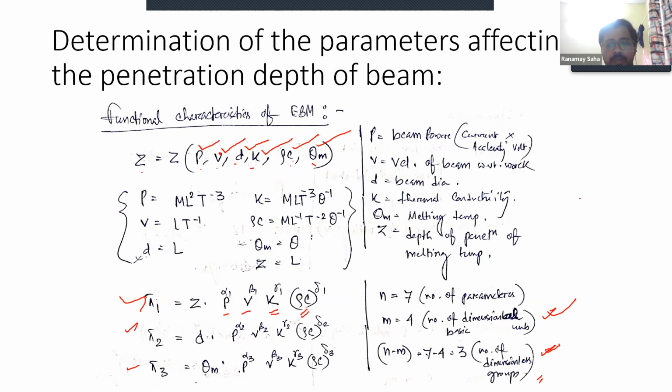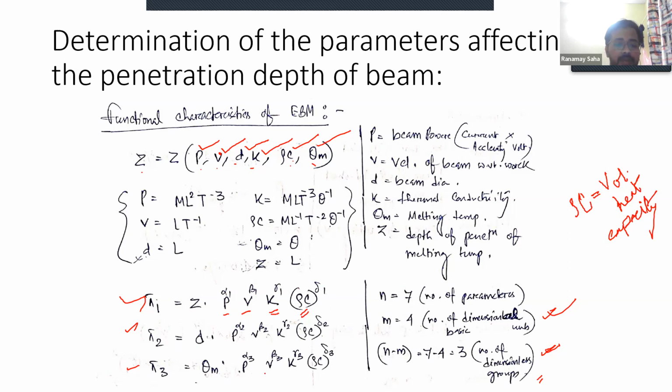Rho multiplied by density multiplied by heat capacity C is nothing but your volumetric heat capacity. So doing that, you take the powers, that is the dimensions of variation, as alpha, beta, gamma, and delta.